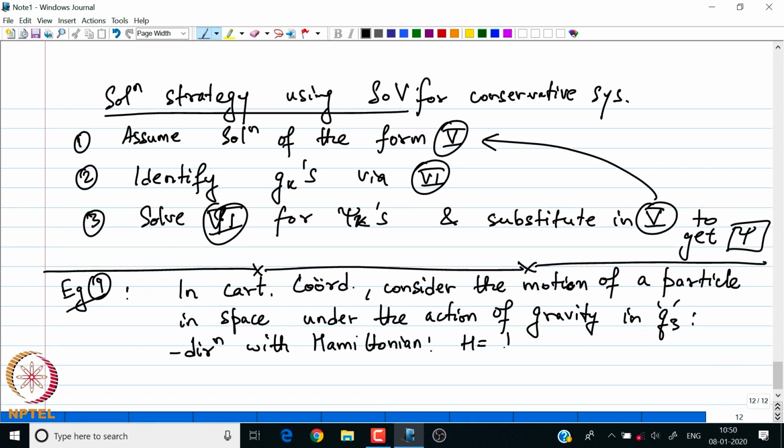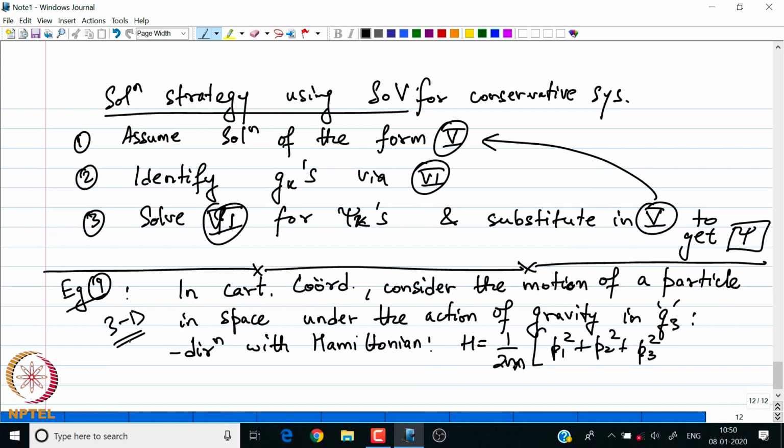So, H is equal to 1 by 2m times P1 square plus P2 square plus P3 square. Well, there are only 3 components, so P1, P2, P3. It's a problem in 3D.